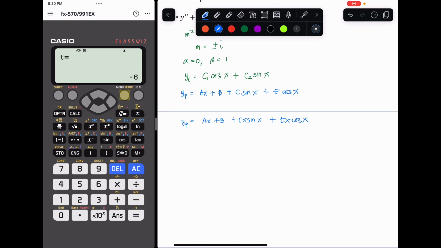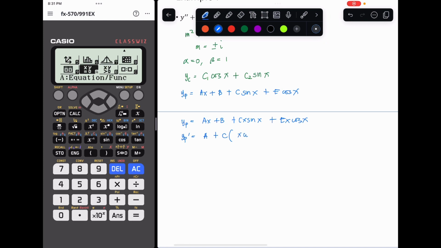So for our yp prime, we differentiate: ax will just be a, and then plus c times x sine x by the product rule, so x cosine x plus sine x, since the derivative of x is 1.